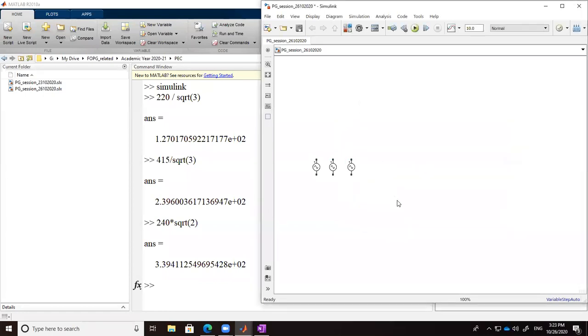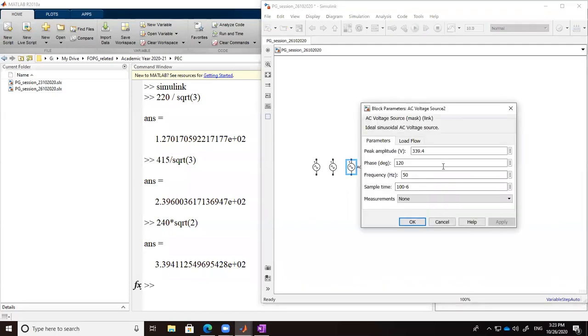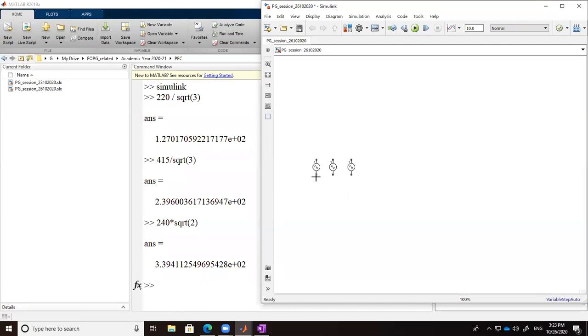Both are the same mathematically. Fine. So either you write minus 240 or you write plus 120. You can join them here, no problem. So this makes a three-phase supply. Fine.